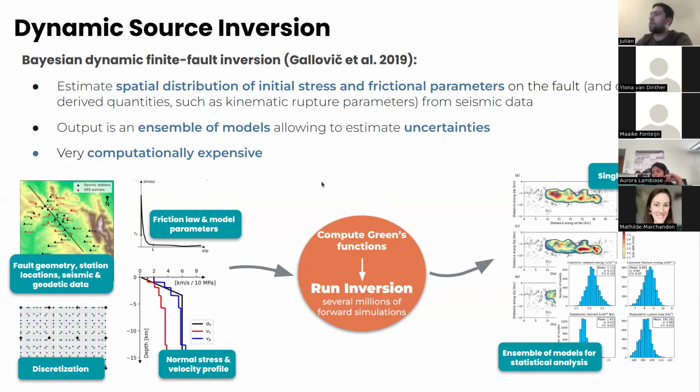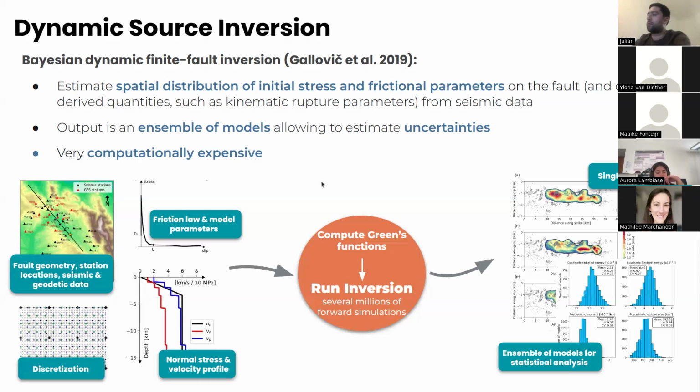The principle is that we estimate the spatial distribution of initial stress and frictional parameters on the faults from seismic data. For example, Gallovič and collaborators developed Bayesian dynamic inversion, where we get an ensemble of models that allows us to estimate uncertainties.